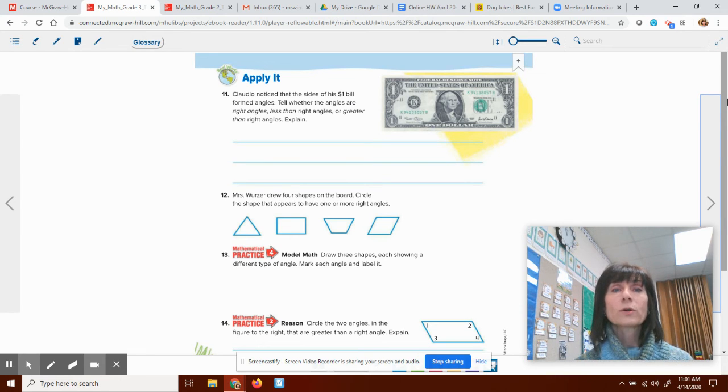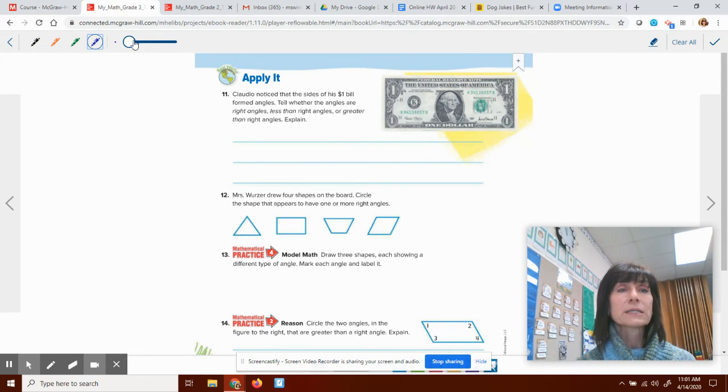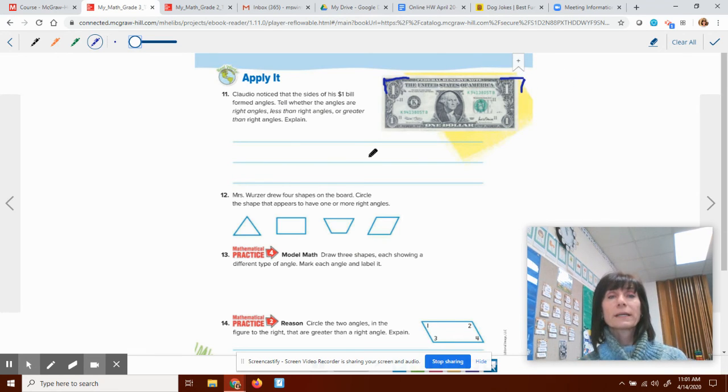Tell whether the angles are right angles, less than right angles, or greater than right angles. If I had my index card, I could simply take a look at what's going on here, and tell me if these are right angles, less than, or greater than.